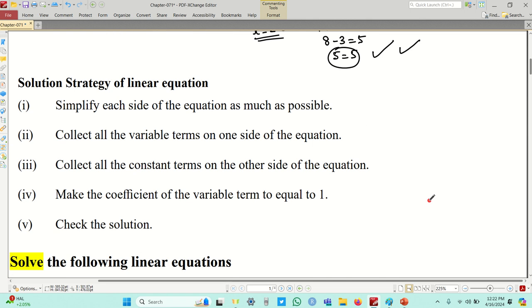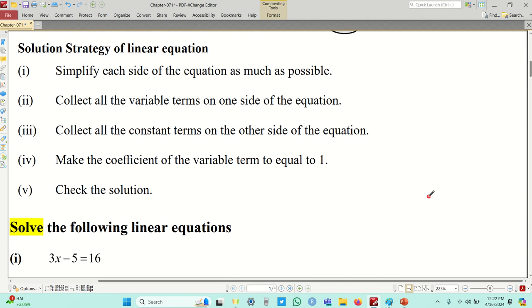If we focus on how to calculate the solution, then please remember these 5 steps. These are the 5 steps to find the solution of a linear equation. Number one, simplify each side of the equation as much as possible. I will explain. Number two, this is very important, collect all the variables.